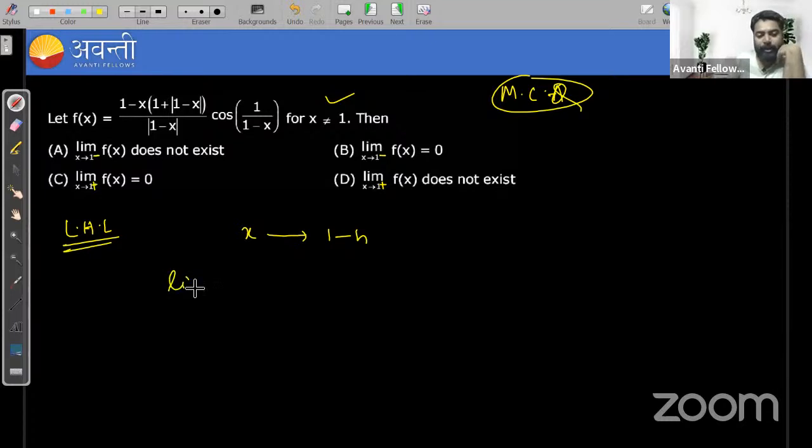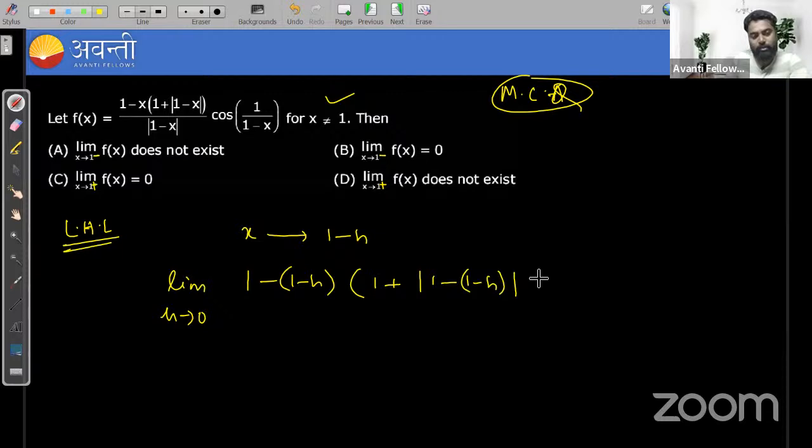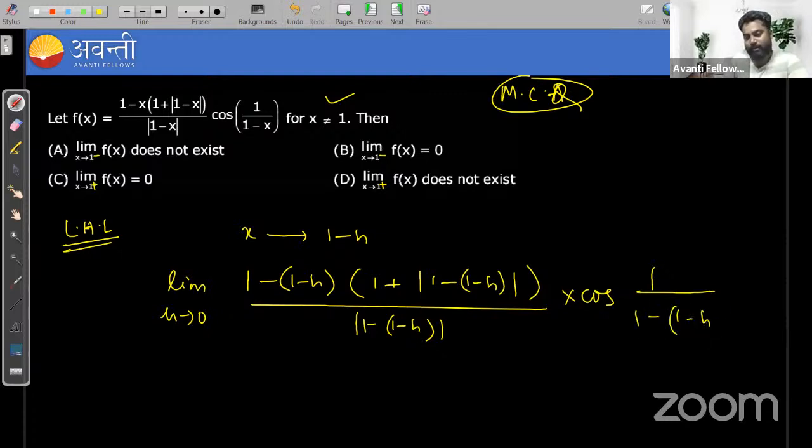So limit h tending to 0, in place of x you need to substitute 1 minus h. So 1 minus h, 1 plus mod of 1 minus h, divided by 1 minus h, into cos of 1 by 1 minus h. See, this is my left hand limit.